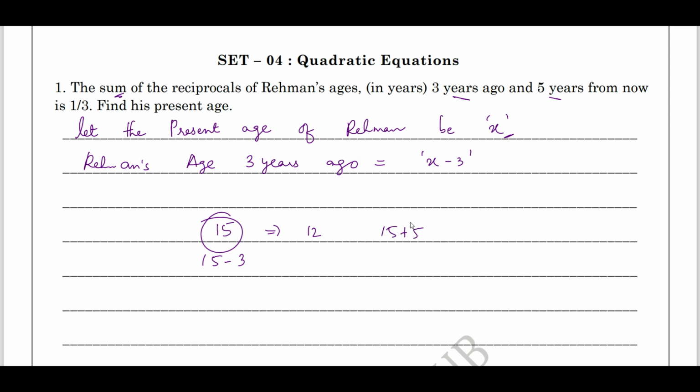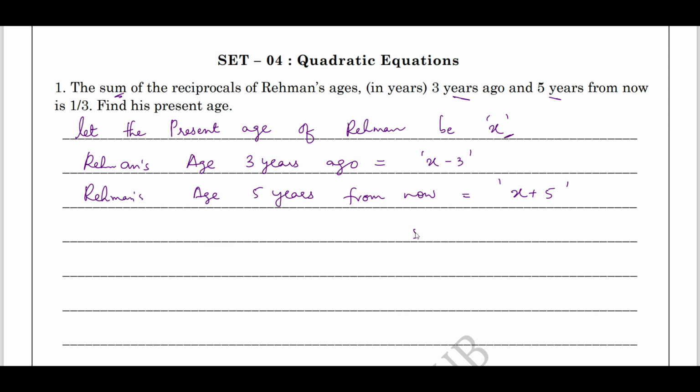The same way, Rahman's age 5 years from now, that is present age x plus 5. Present age plus 5.